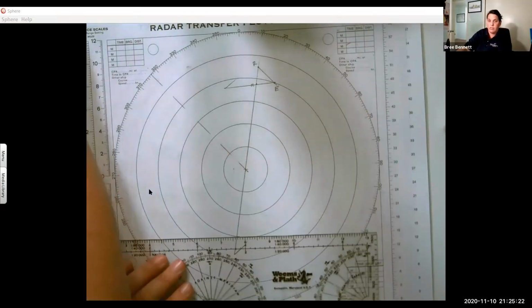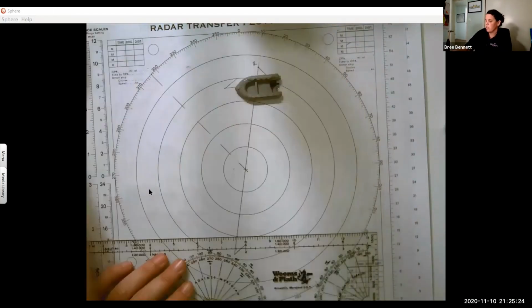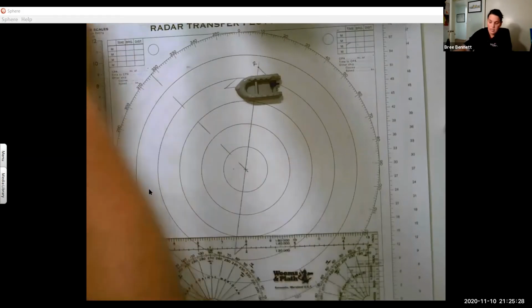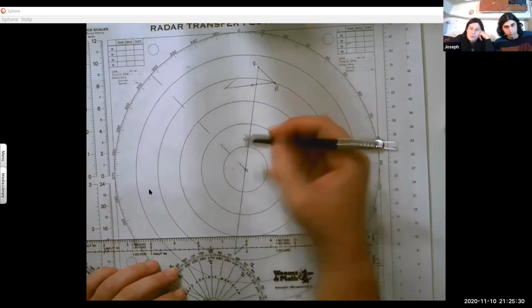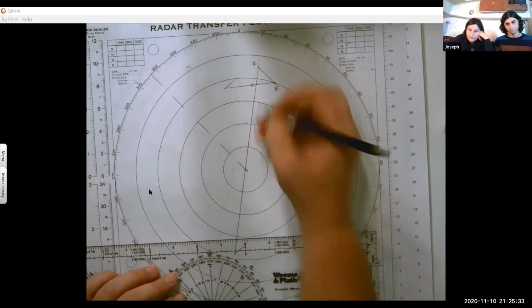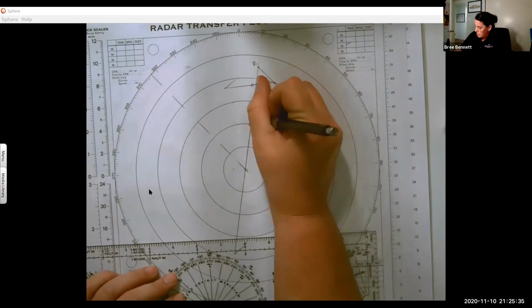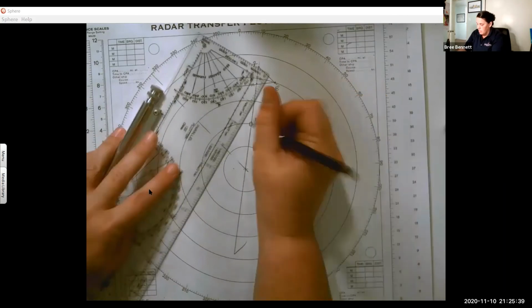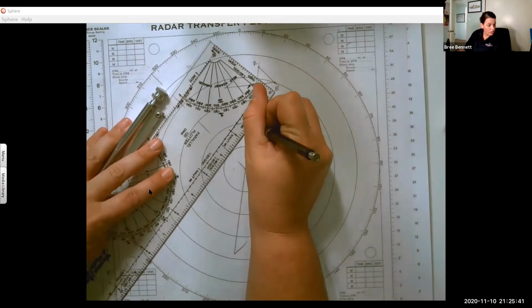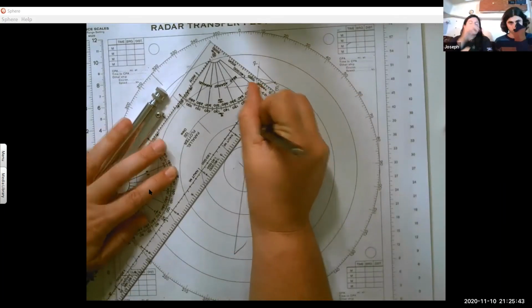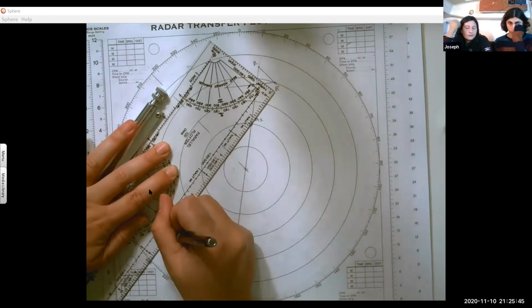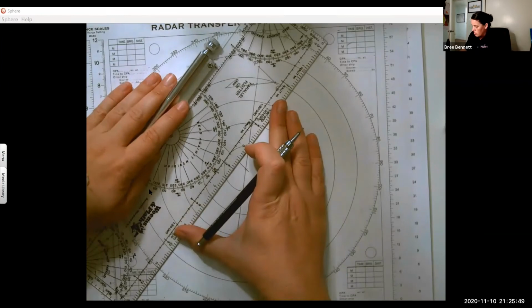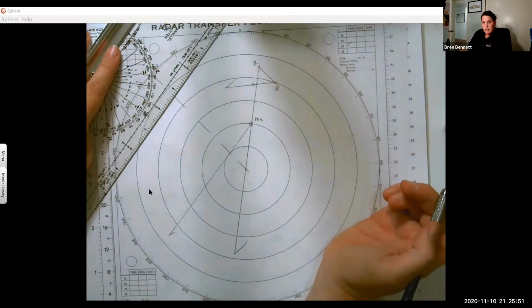Okay, so they are going this way. We are going this way. We're going to bend our line at 4. So 2, 4. Here's our MX. We're going to bend our line to 2 nautical miles. Bring that up.